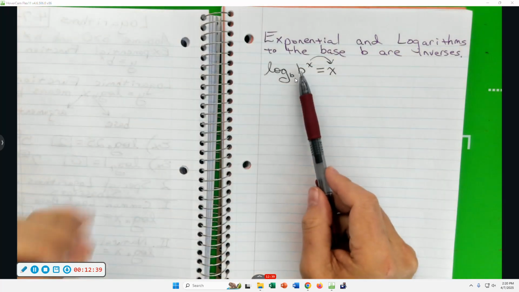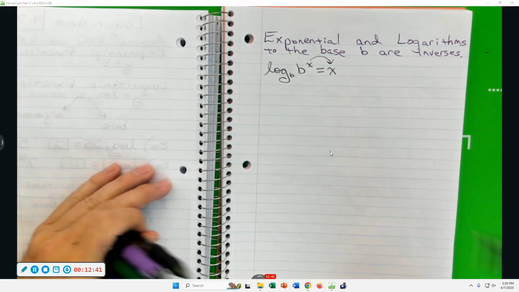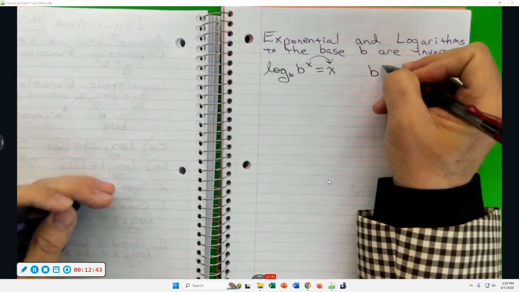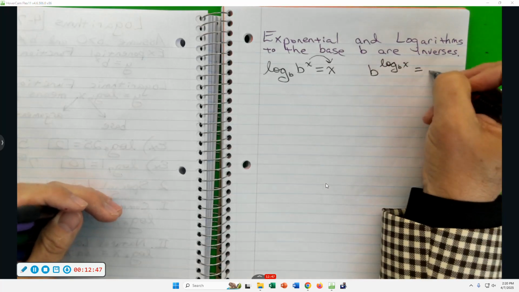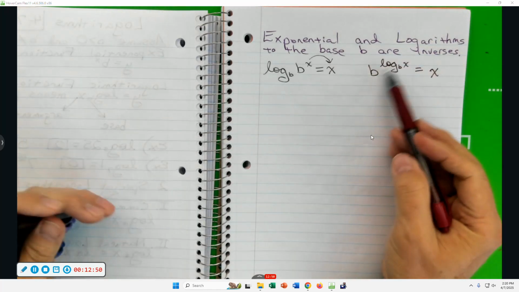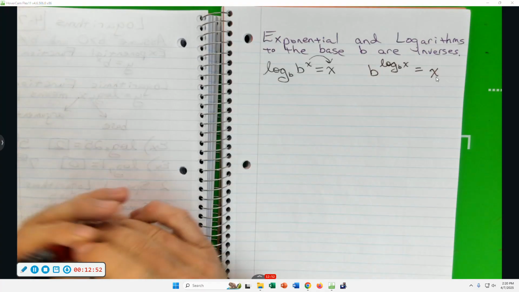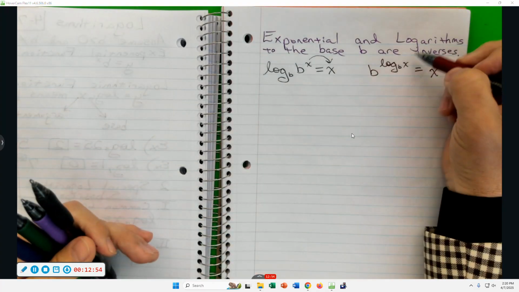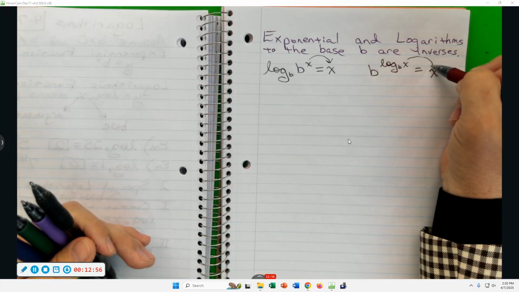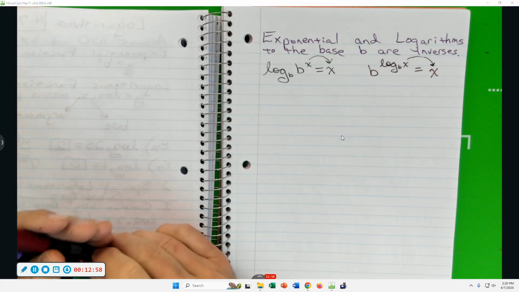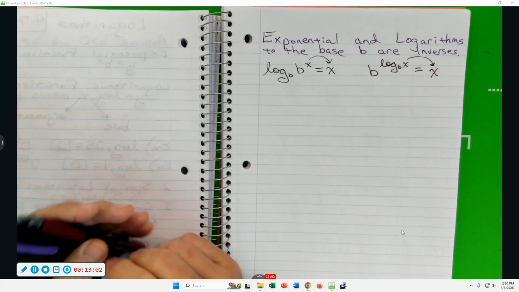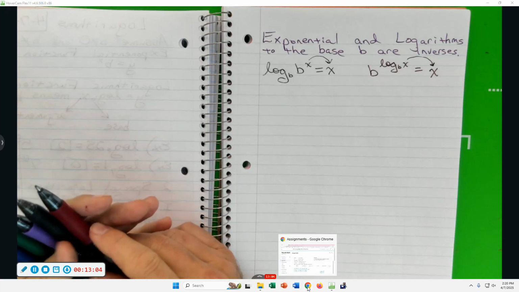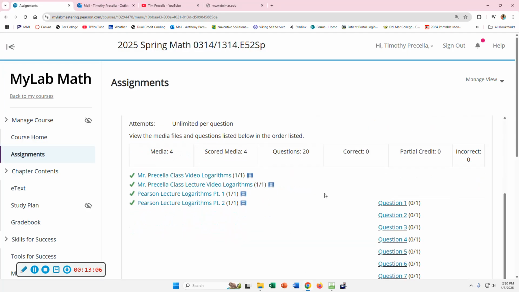If we had the exponential base written first, b to the log base b of x, they're inverses, they cancel each other out, leaving you just whatever that argument is there. And with that in mind, let's get started with the homework. I'll give y'all a moment to catch up with me.